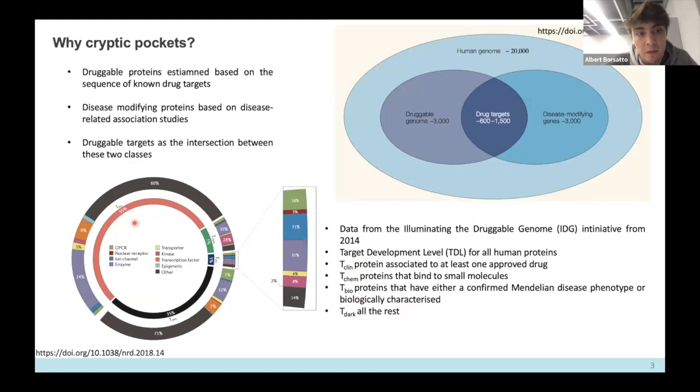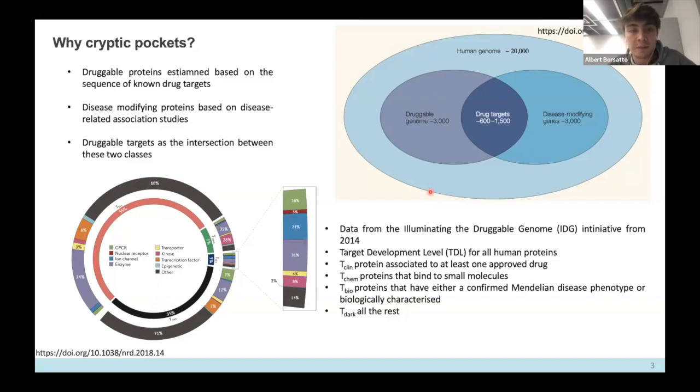We don't know much about those proteins, and we know basically nothing about the remaining 35%. So this indicates that we still have a lot of room to expand this definition in order to enhance the number of targets we can use in drug discovery. And cryptic pockets are an available strategy to expand this drug target set.